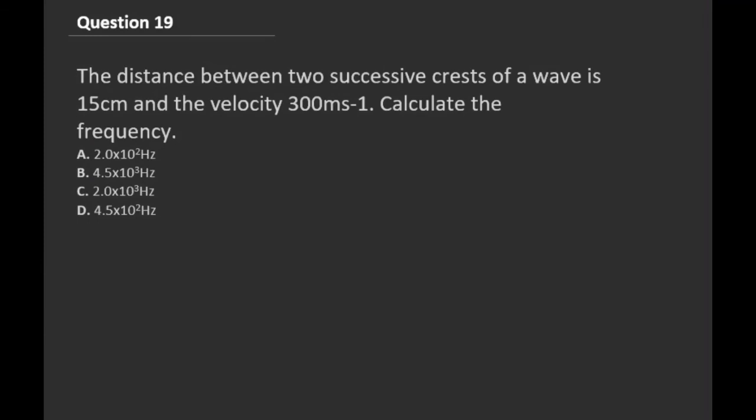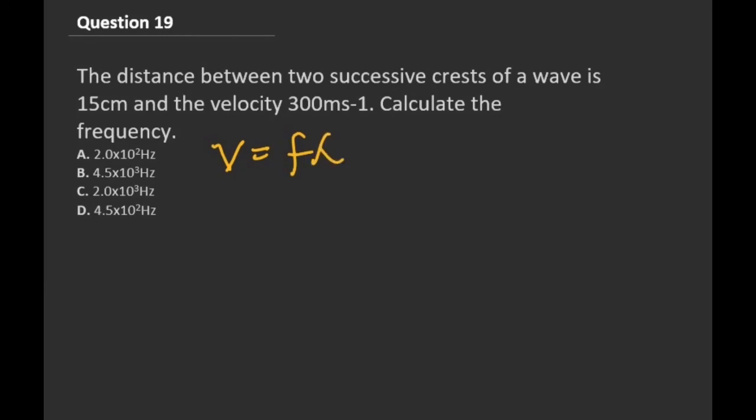The distance between two successive crests of a wave is 15 centimeters and the velocity 300 meters per second. Calculate the frequency. Velocity, the formula for calculating velocity is frequency times wavelength.